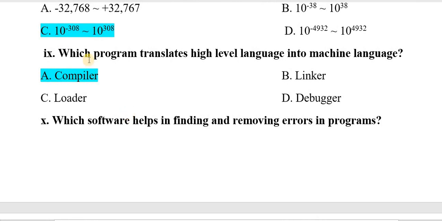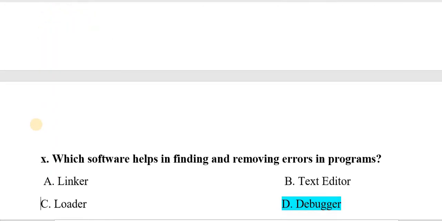Ninth point, which program translates high-level language into machine language? So its correct answer is option A, compiler. Last MCQs is, which software helps in finding and removing errors in programs? Its correct option is option D, that is debugger.